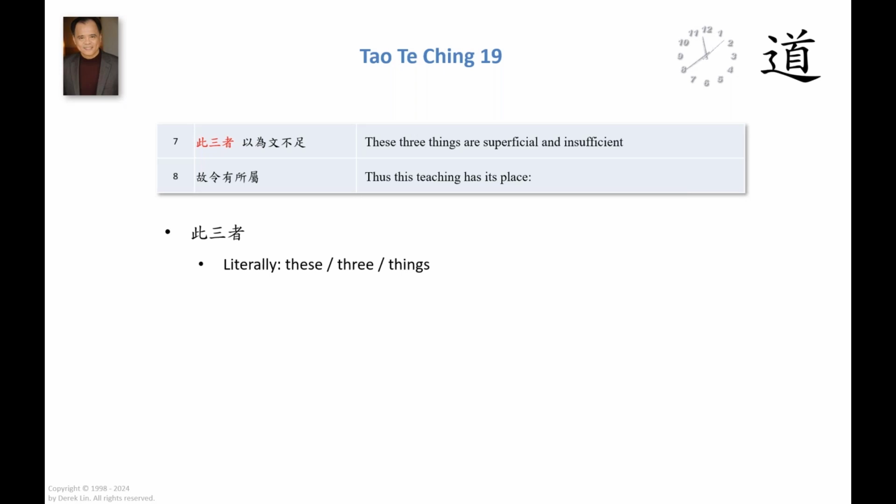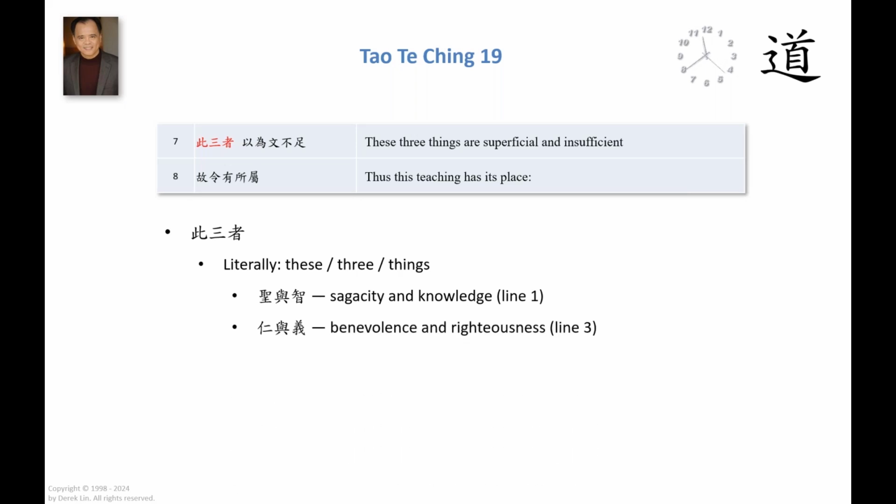What are the three things specifically? There's sagacity and knowledge from line 1. Then we have benevolence and righteousness from line 3. Then cunning and profits from line 5. Now, with these quantities, with these aspects of the world, there's always going to be conventional thinking that'll see it as a good thing.